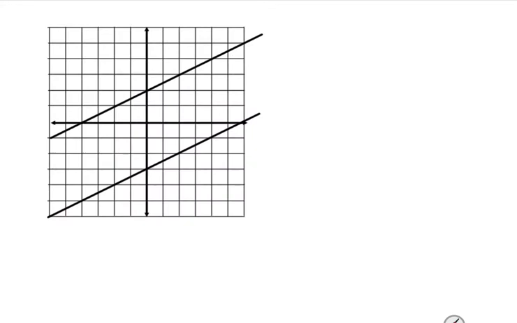Okay, let's take a look at these. These are parallel. We're going to make that claim right now that these are parallel. Okay, they go in the same direction. If we look at the slope of parallel lines, this is an up 1 and over 2, and I can do that as many times as I need.